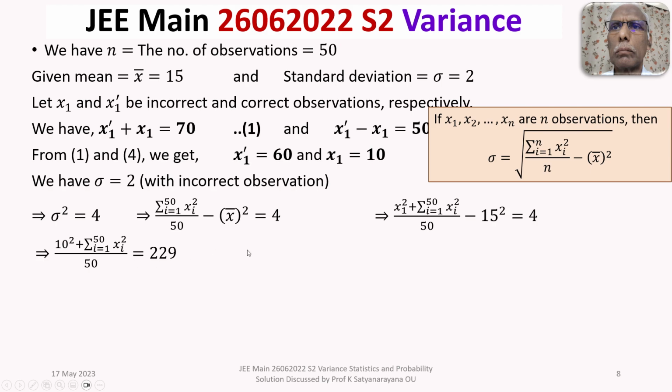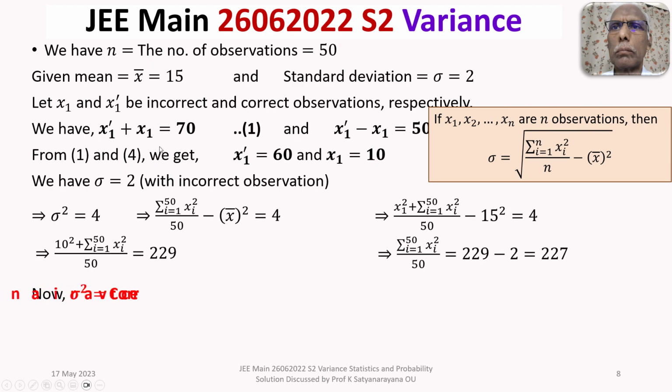This implies sigma i equals 1 to 50 xi square by 50 is equal to 229 minus 10 square by 50. 10 square by 50 is 100 by 50, that is 2, so we get 227. This is with the incorrect observation.